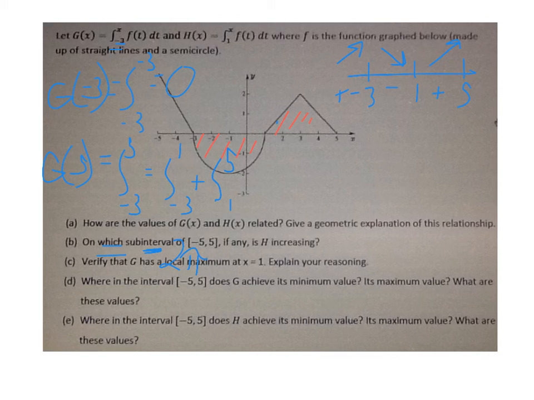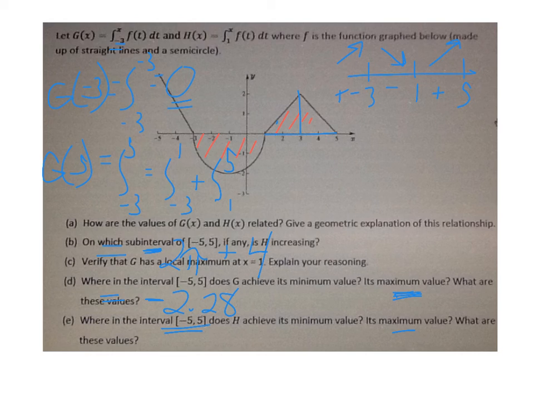And then this here, base is 4 times height is 2, divided by 2, that is plus 4. So I get negative 6.28 plus 4, which is negative 2.28. And we can see that 0 is actually bigger than that. So the maximum value for g occurs at negative 3, and the value is actually 0.